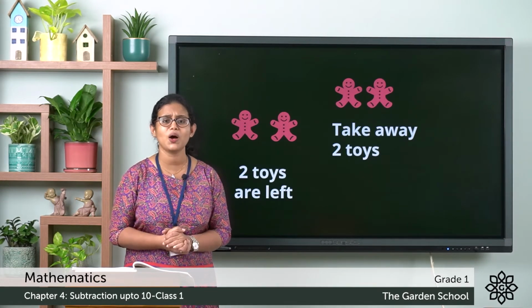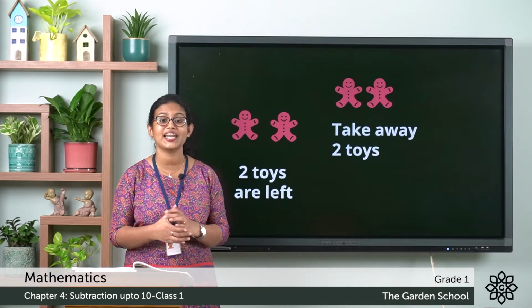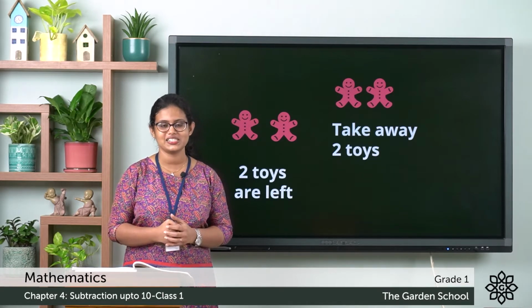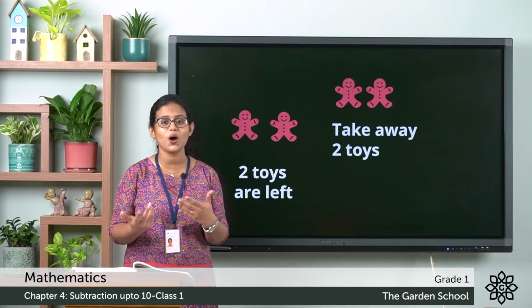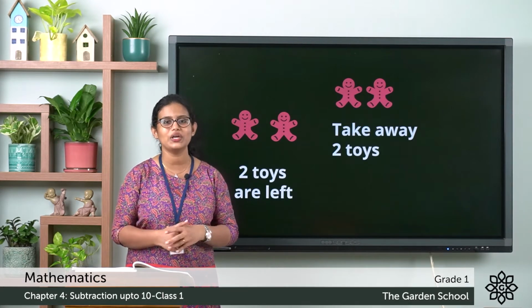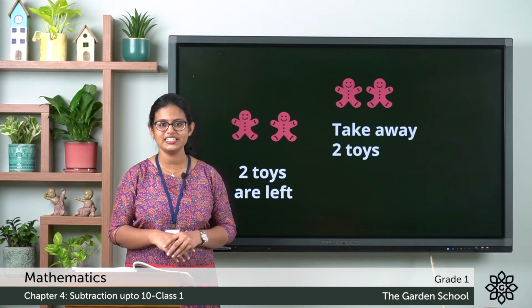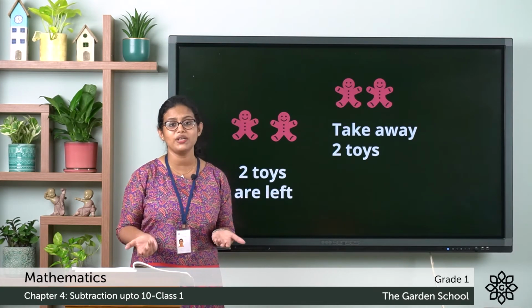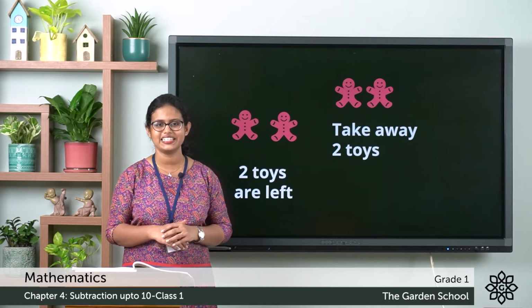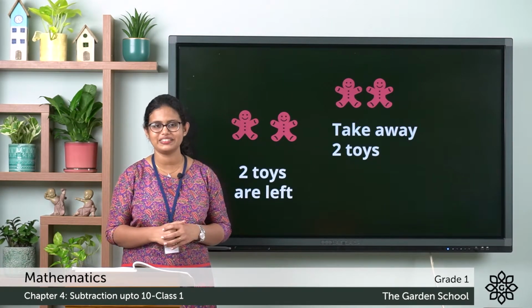So now how many are left with you? There are only 3. So 1 apple is with me. I took away 1 from you. And how many left with you? You have only 3. So here you subtract 1 from 4. So how many left with you? 3.